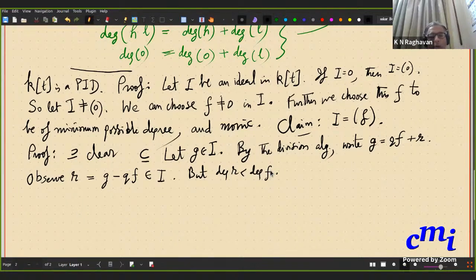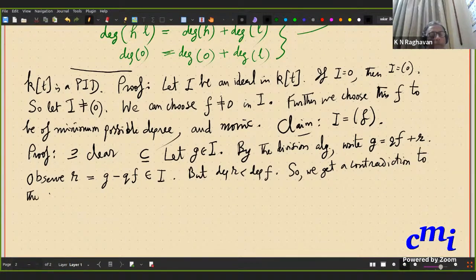So if R is non-zero, then we get a contradiction to the choice of F. But we cannot get a contradiction.